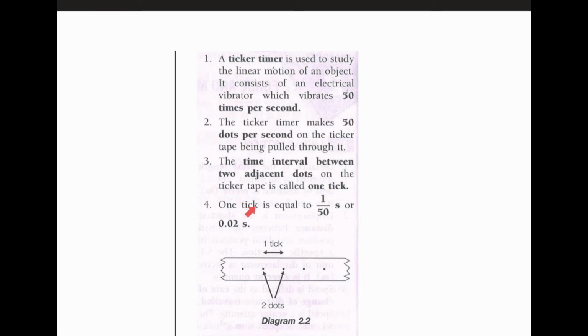So 1 tick is equal to 1/50 second. Why 1/50? Because 1 second, 50 dots. So the duration from here to here is 1/50 second, which is 0.02 seconds. So we can find out the time based on the ticker tape.